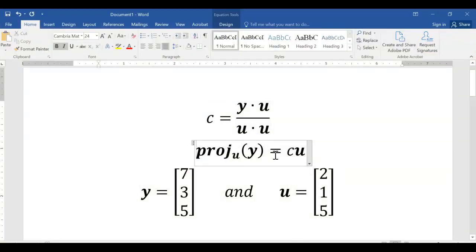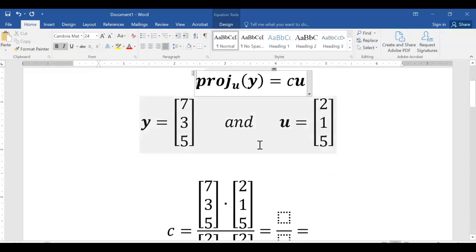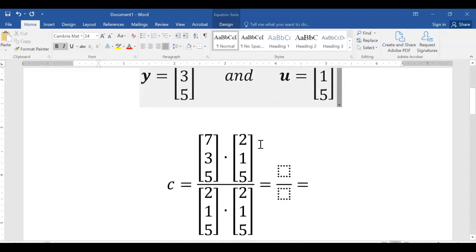Projecting y onto u means I just need to scale u in the right way, and the coefficient is obviously going to be y dot u divided by u dot u. In this case, I get 7, 3, 5, inner product with 2, 1, 5.